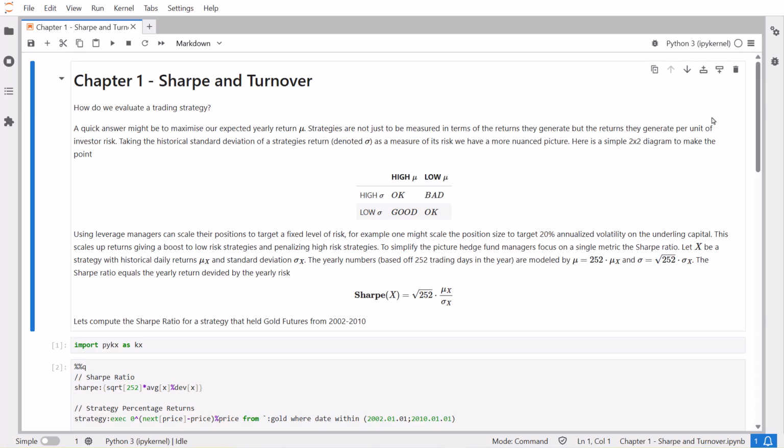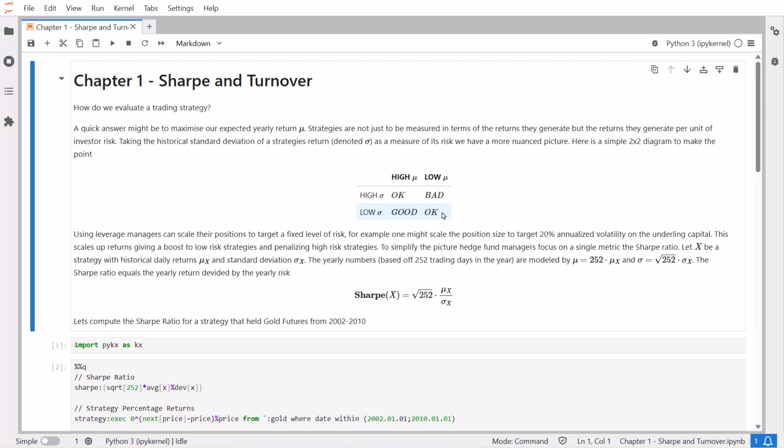So now taking risk into the equation, we get a more nuanced picture. Here's a simple 2x2 diagram to make the point. We might have a strategy which has a high expected return, but also a high level of risk. And that's okay, but it's not great. We may have a strategy with a low expected return and a high level of risk. That's definitely bad.